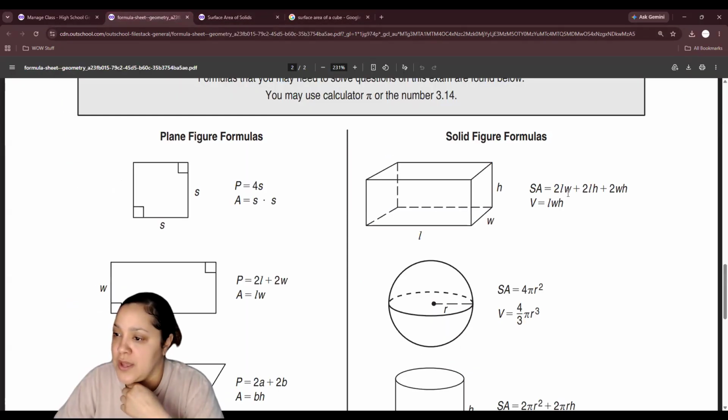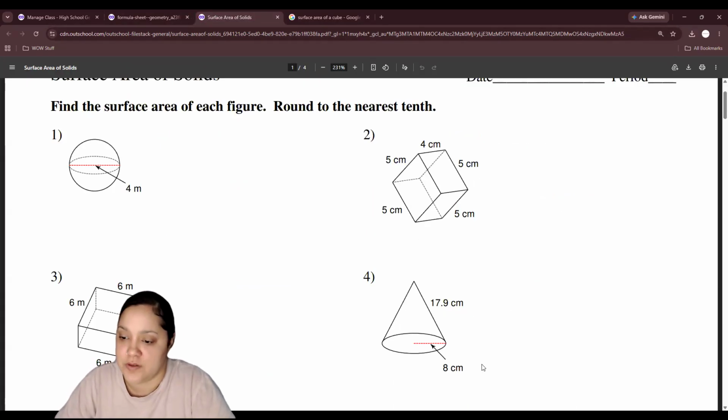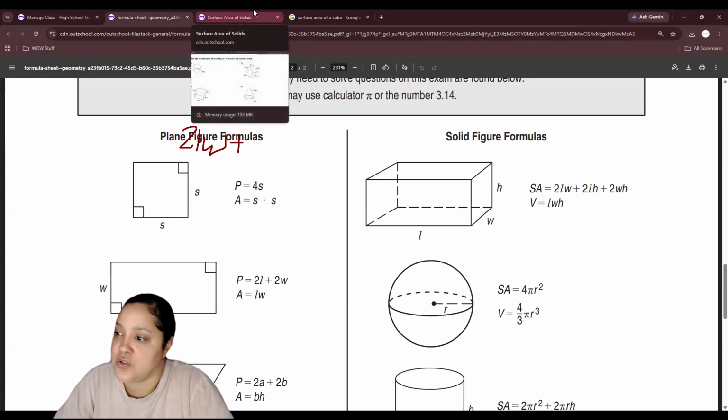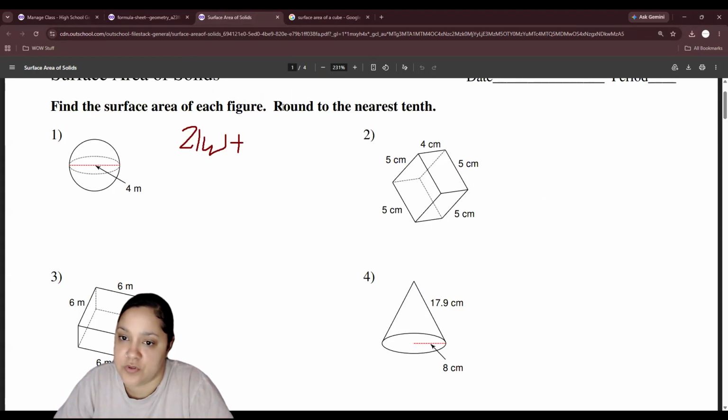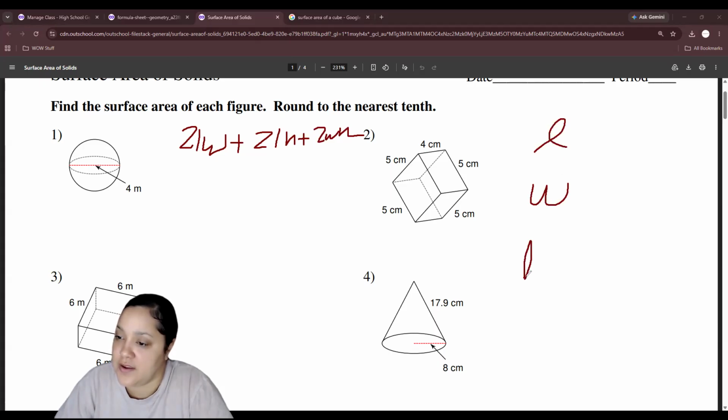You want to do 2LW plus 2LH plus 2WH. So make sure you find the length, the width, and the height.